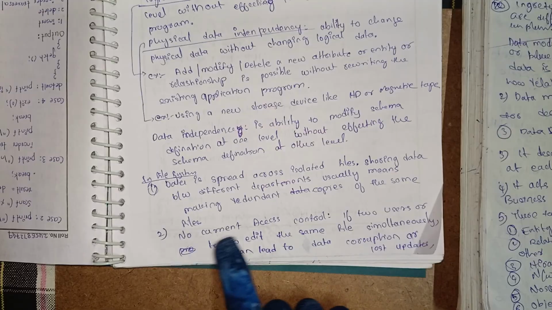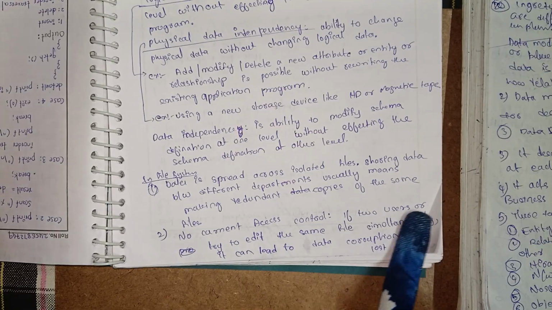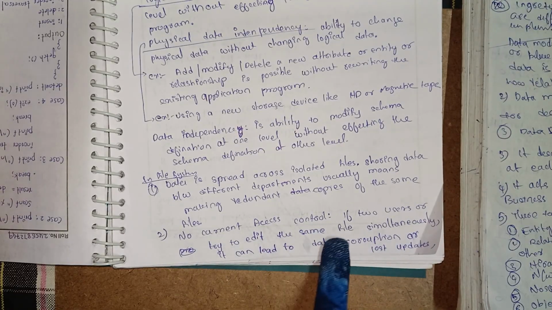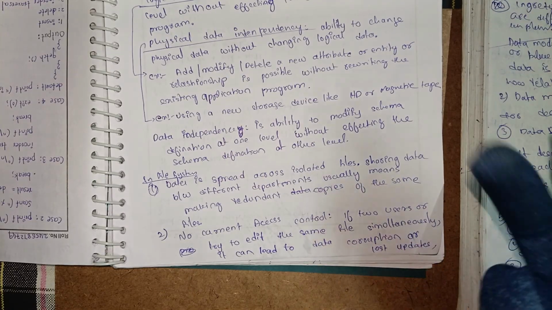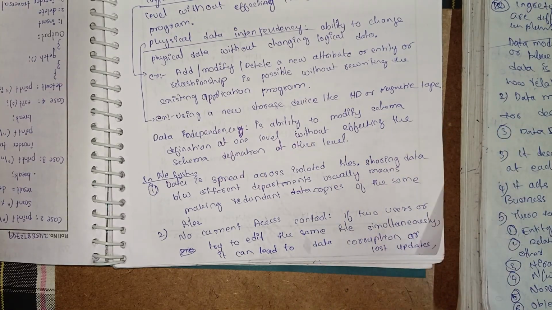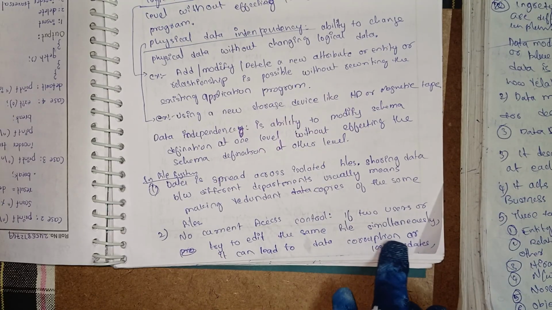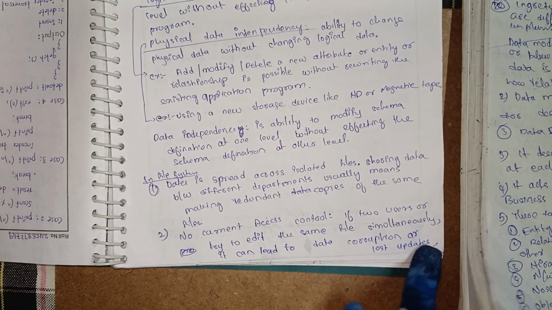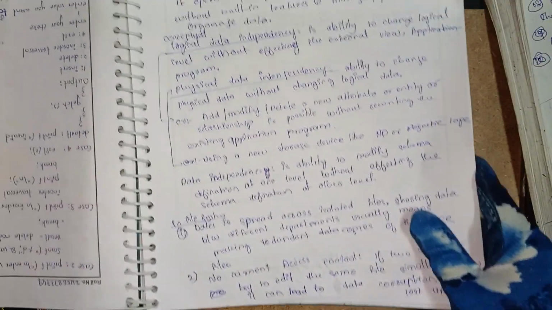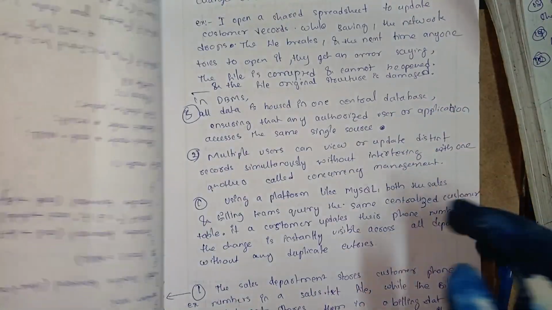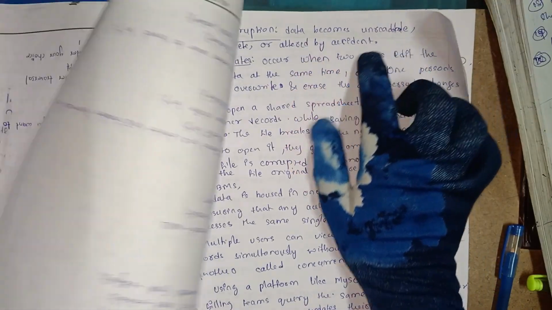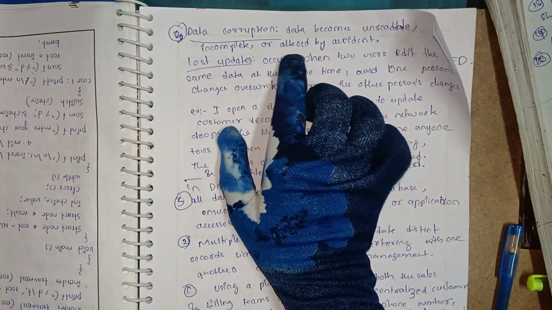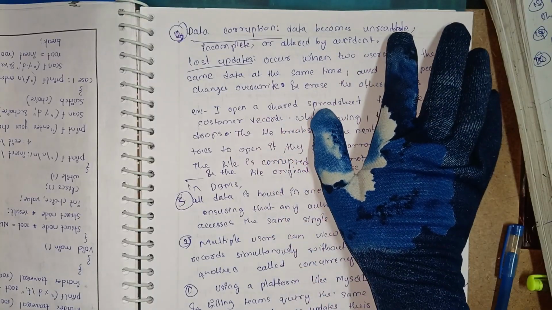And there is no concurrent access control. If two users try to edit the same file simultaneously, at the same time, it can lead to data corruption or lost updates. What is data corruption? Data becomes unreadable, incomplete, or altered by accident.